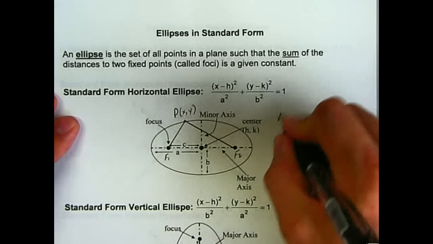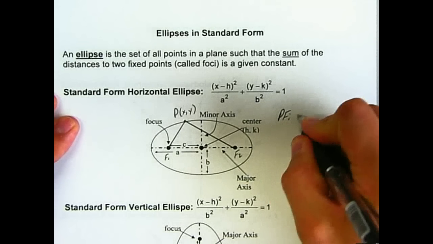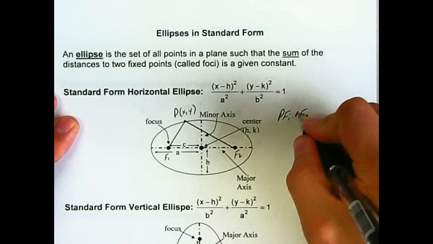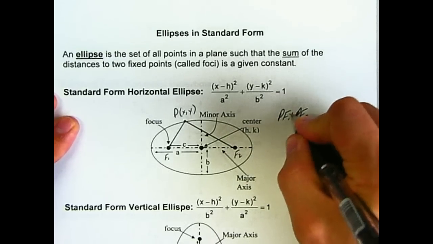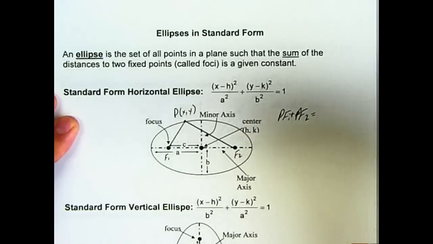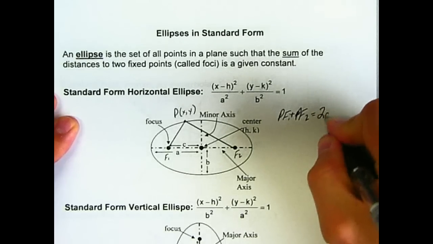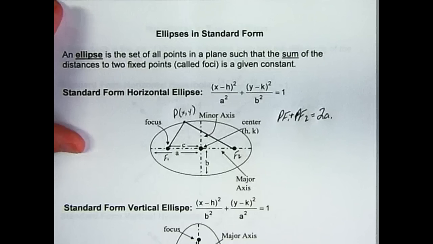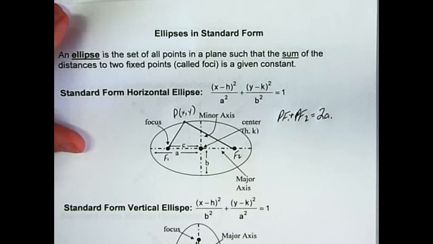So PF1 plus PF2 is going to equal whatever my 2a is. So it's the plus and the minus sign that makes the difference between an ellipse and a hyperbola.